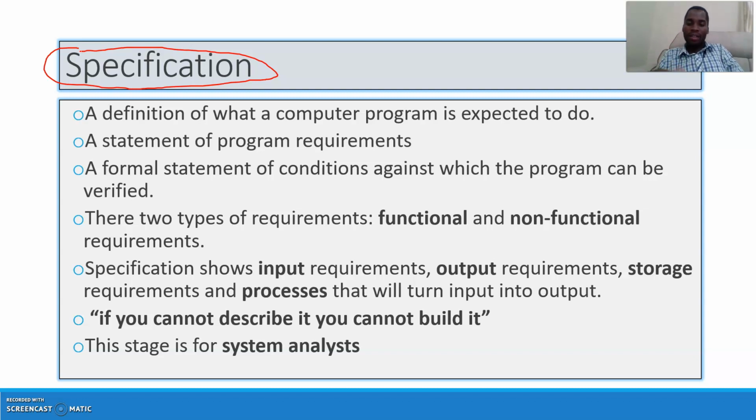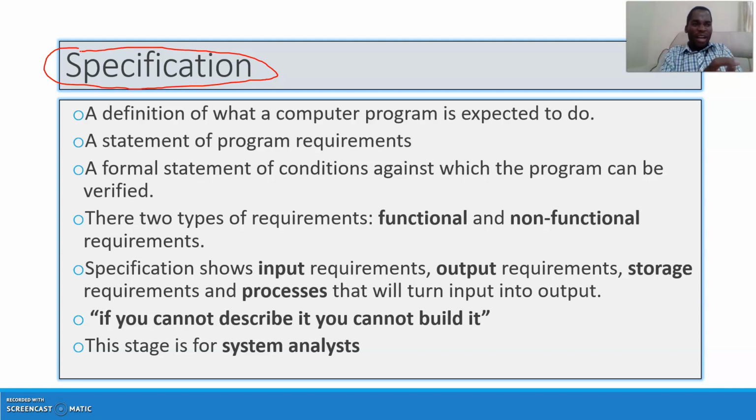We can come up with coding. So we are trying to address a certain problem. So we define that problem in specification, and we say it is a statement of program requirements.